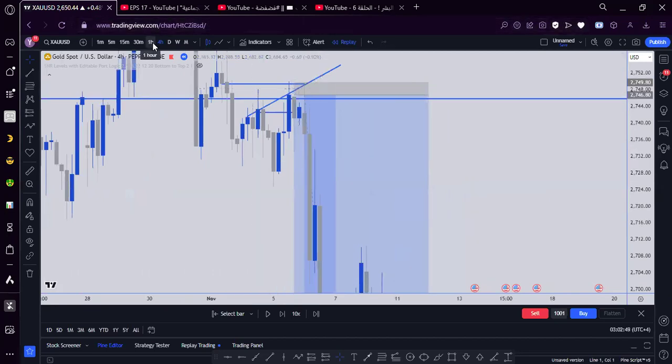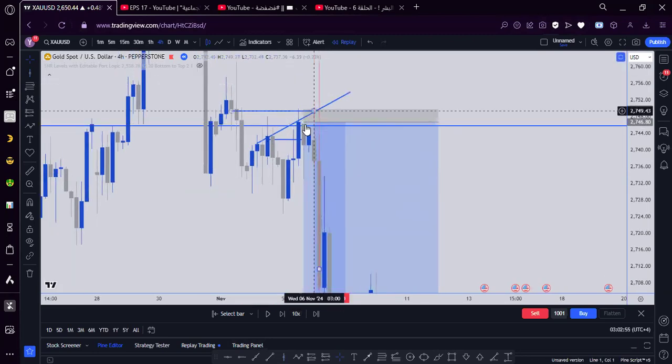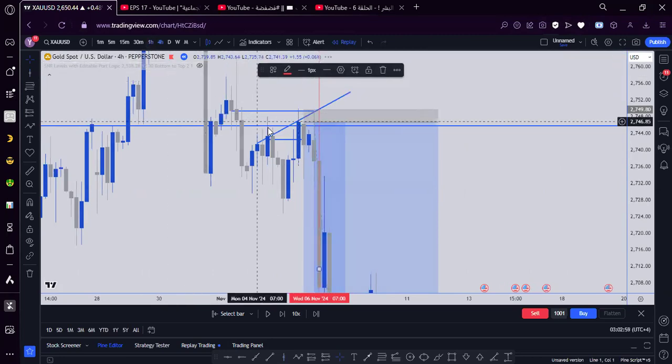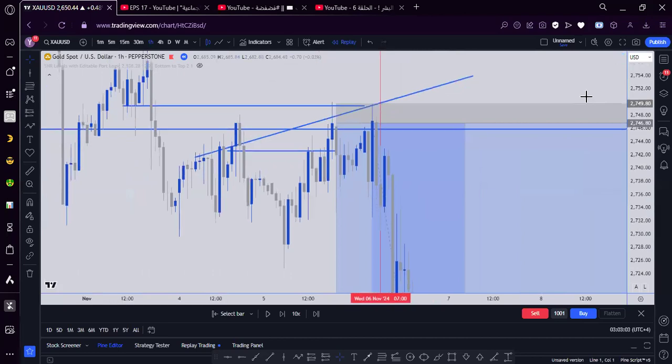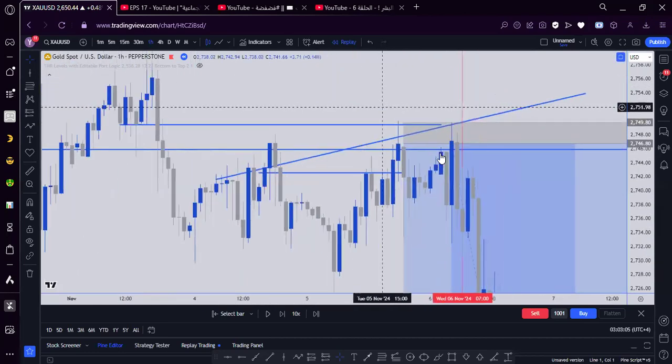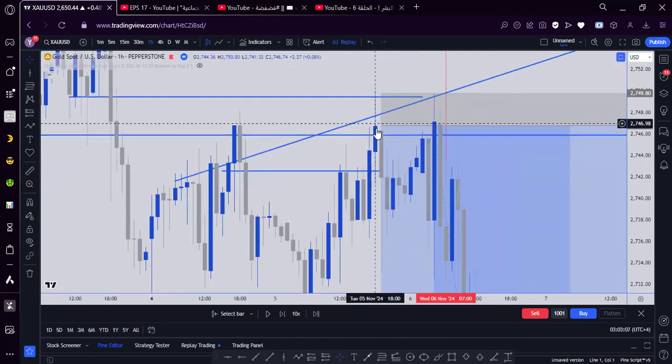Let me see the confirmations on the lower time frame. This confirmation was from the 4-hour time frame. Let's check the 1 hour. On the 1 hour time frame, there is also a confirmation.